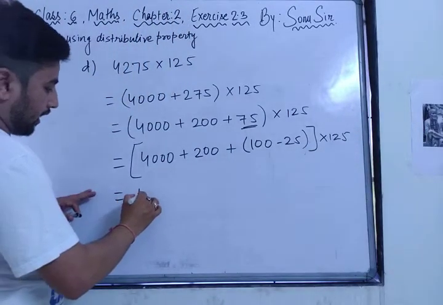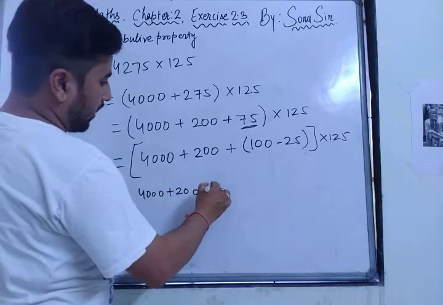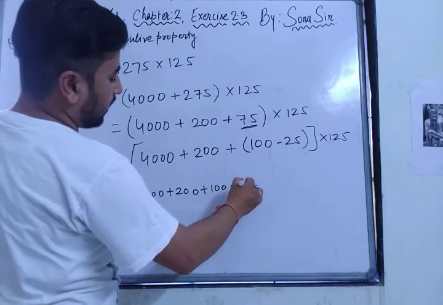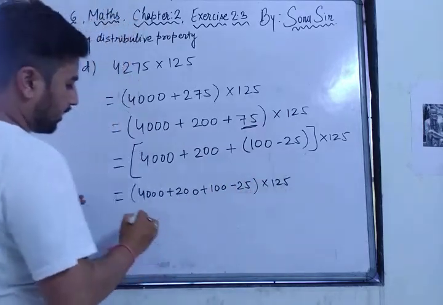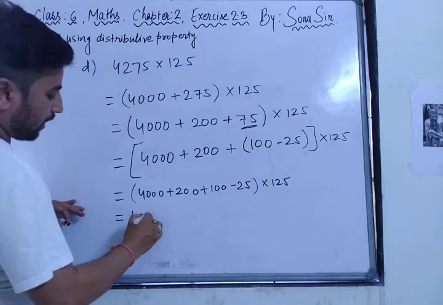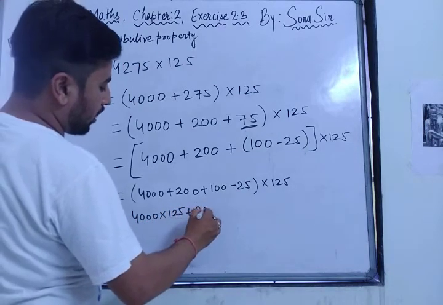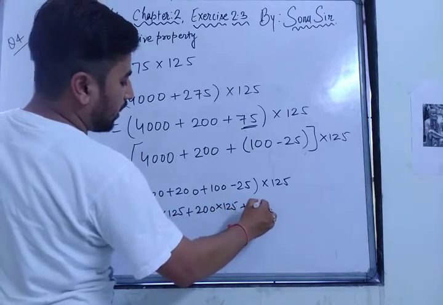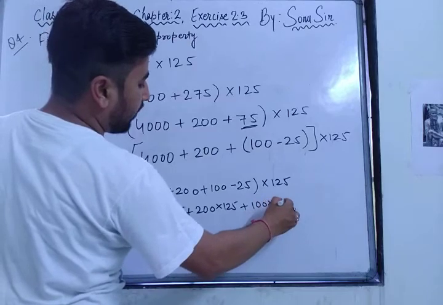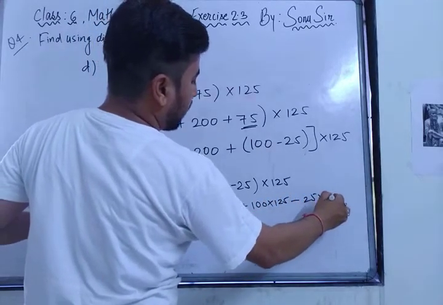So here what is the answer? 4000 plus 200 plus 100 minus 25, into 125. Got it? So here 4000 into 125 plus 200 into 125 plus 100 into 125 minus 25 into 125.